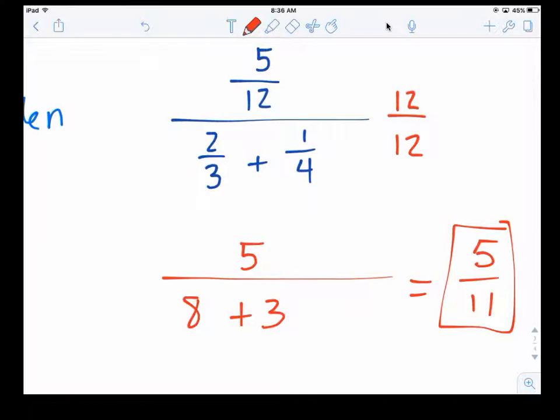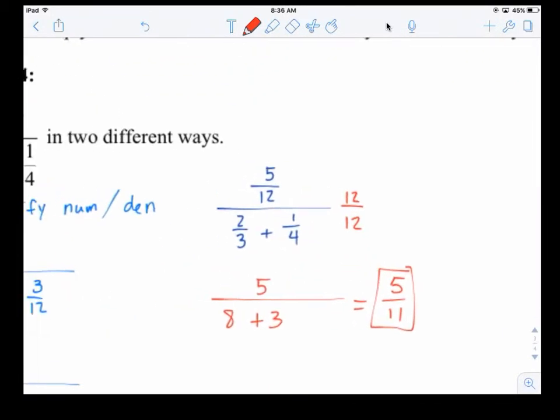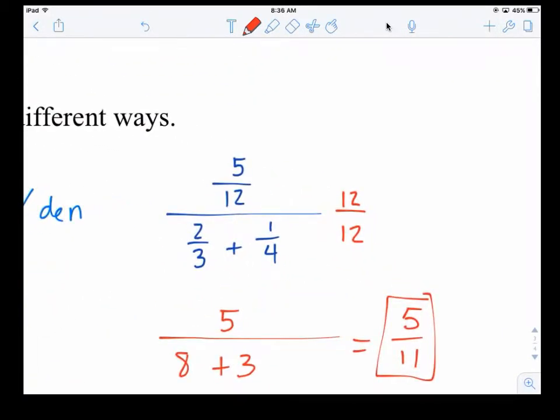I'm going to probably show you this way when we do the algebra problems, because I think it's a little bit faster, but you're more than welcome to do the other way as well. So the first way was simplifying. The second way is when you multiply by your least common denominator.